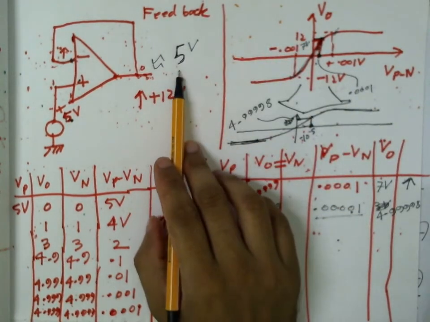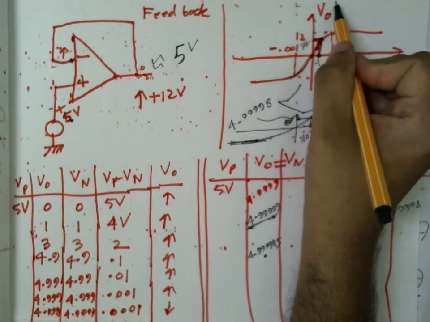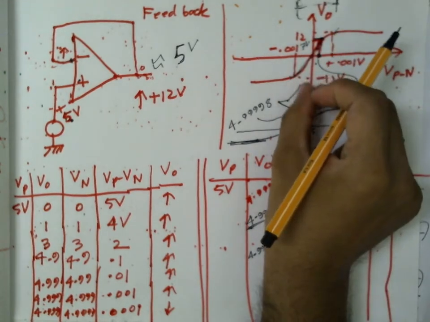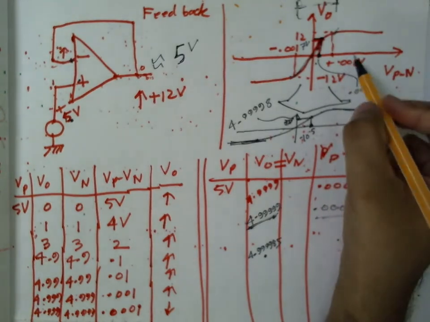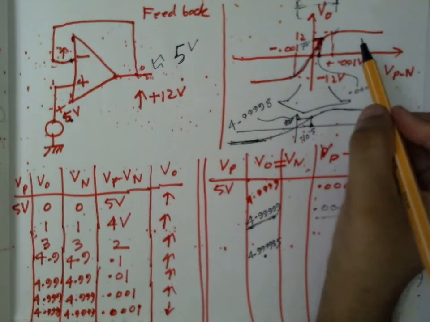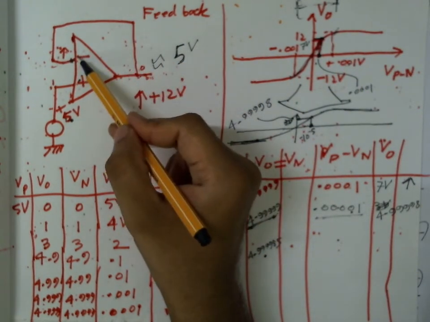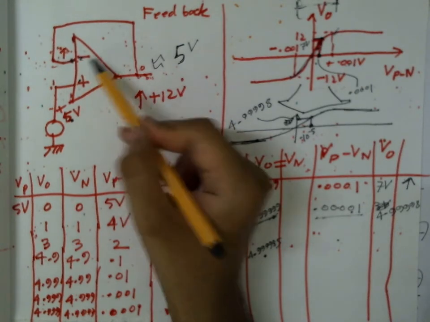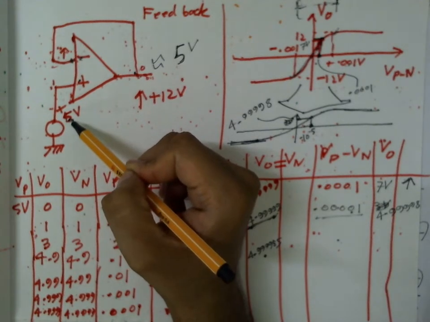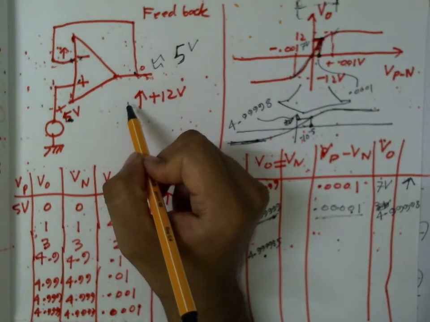And how close to plus 5 volt? That depends on the width of this resolution gap, this gap. If this gap is very small, say if this gap is 0.000001, then you can definitely readily guess that the final voltage here or here will be 5 volt minus something which is less than 0.00001.